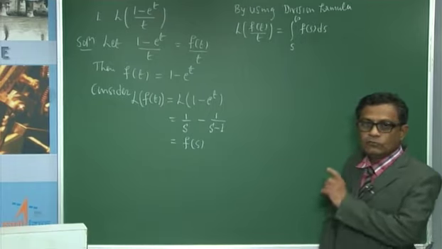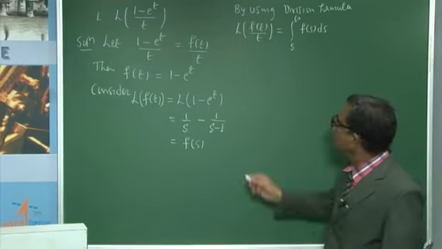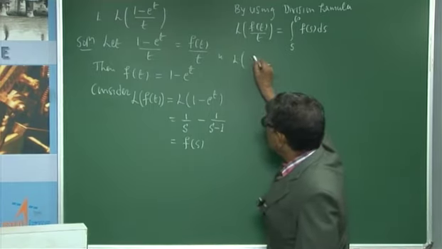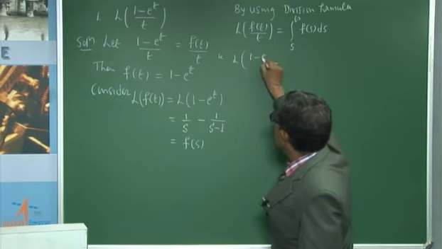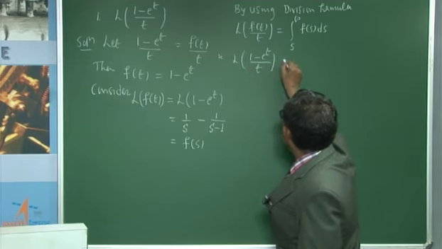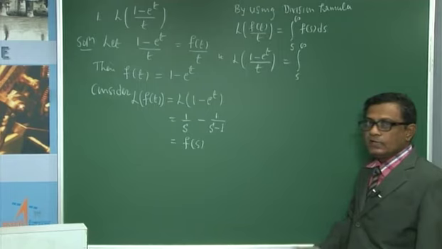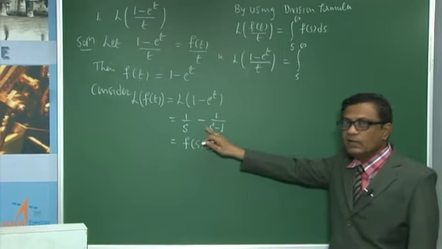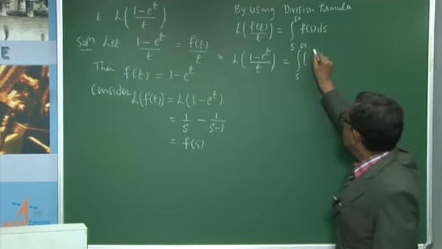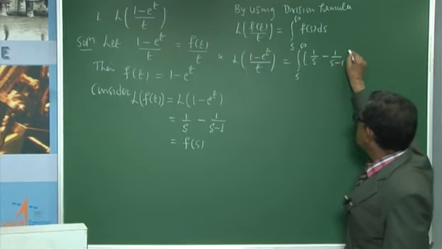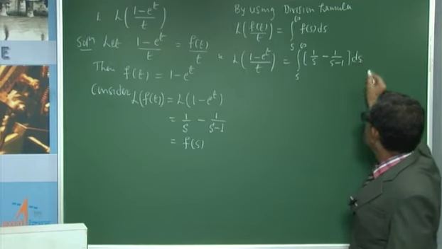Now you substitute the corresponding values: L of 1 minus e raised to t divided by t is equal to integration s to infinity. What is your f of s? It is 1 by s minus 1 divided by s minus 1, ds.